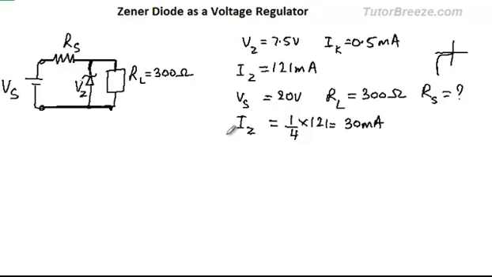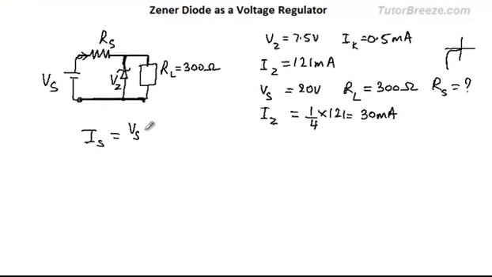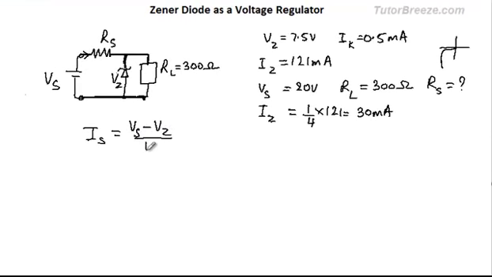You can see from the circuit over here that the series current Is is equal to Vs minus Vz over Rs. The load current in this part of the circuit through the load resistance, IL, will be given by Vz, the voltage across the resistance, which is the same as Vz, over RL.